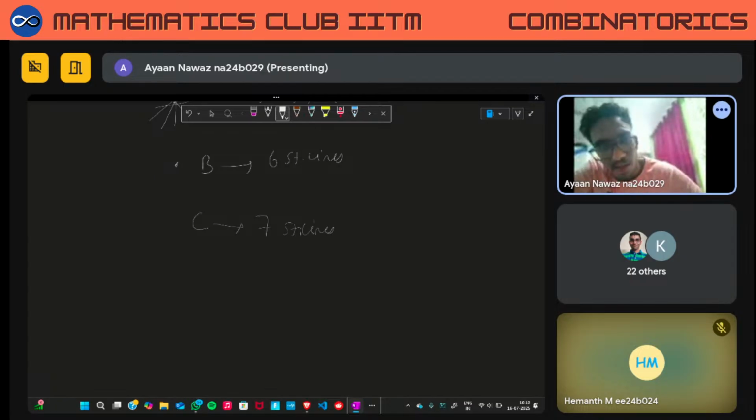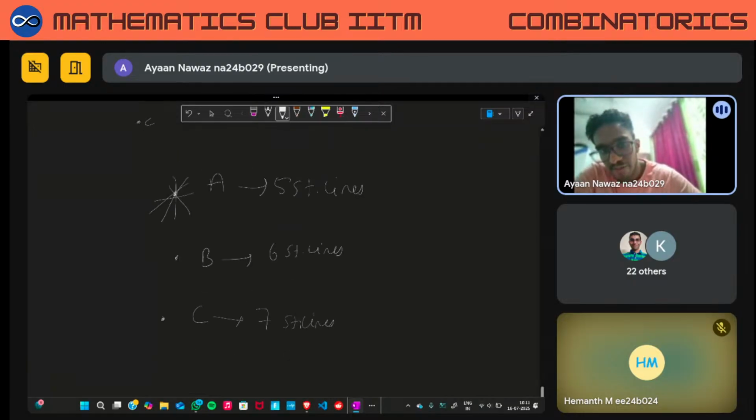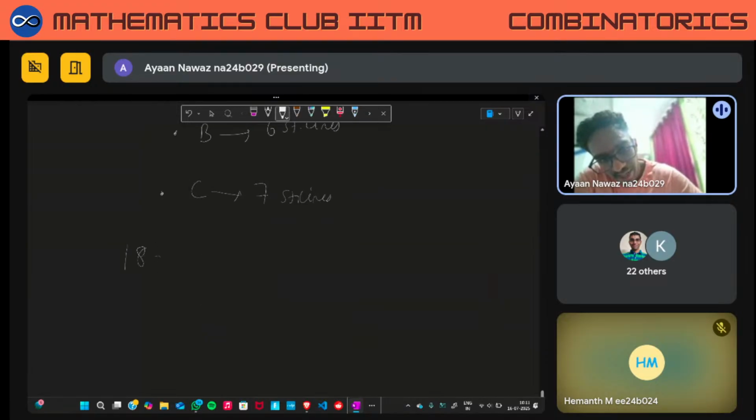Note that to form a triangle, we need 3 lines, right? We have how many lines? We have 5, 6 plus 7, 18 lines. Out of those 18, we need to select any 3 lines. But in this selection, we included some wrong triangles which do not actually form a triangle.